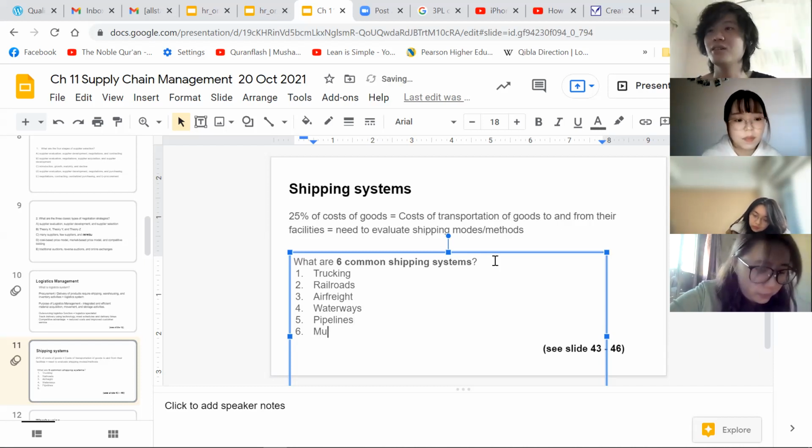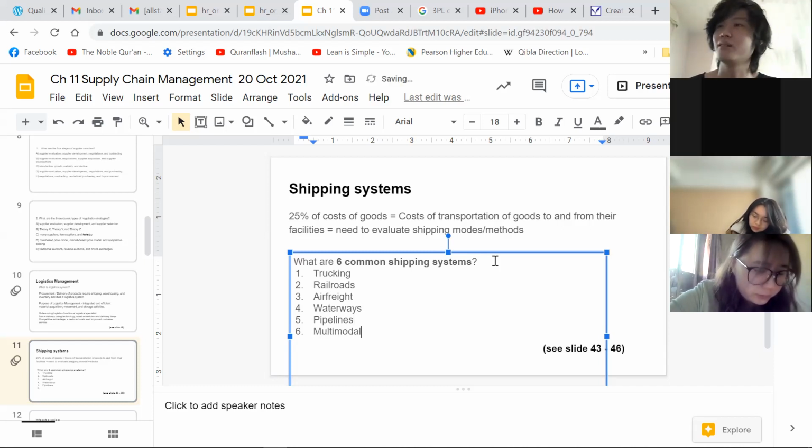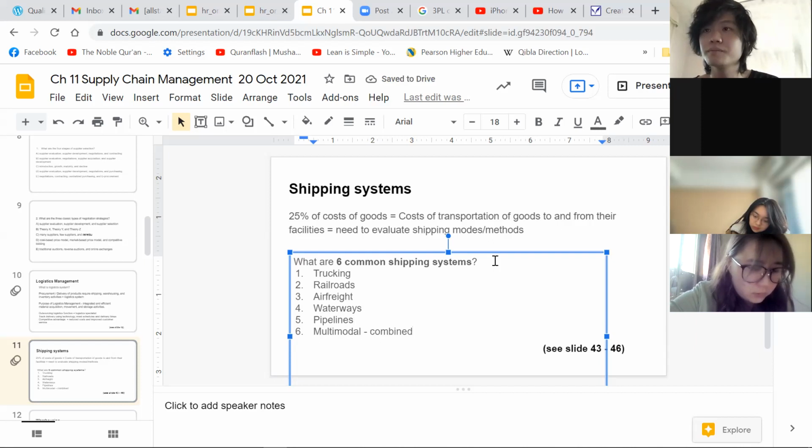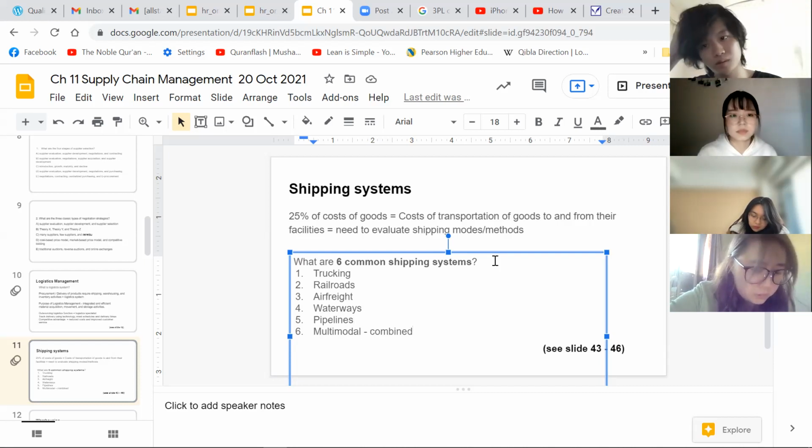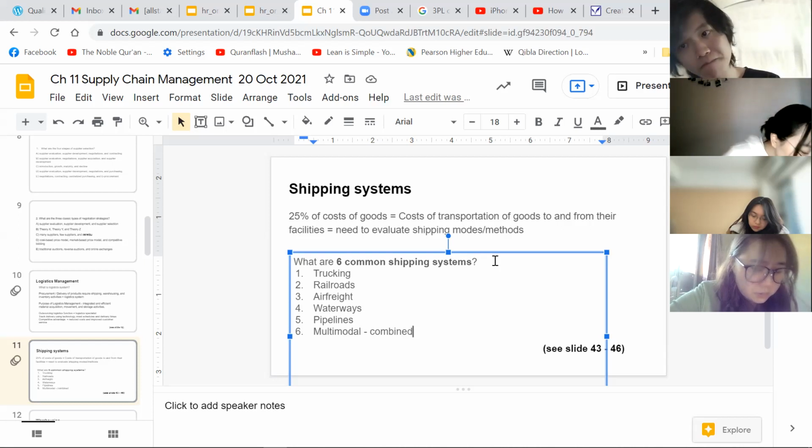We put it there as multimodal, meaning combined. You understand? Combining trucking, railroads, air freight, and so on. Each of them will have different costs involved, so companies need to evaluate costs when they use the different modes.